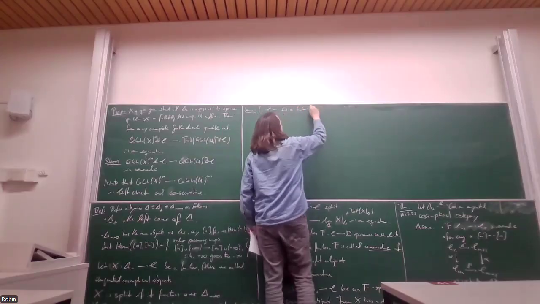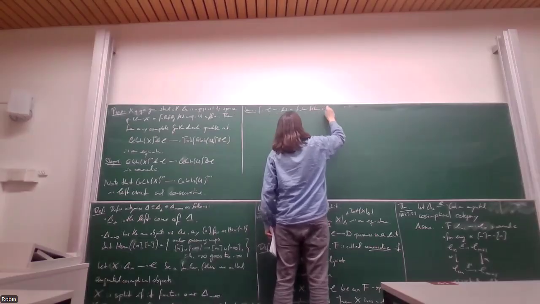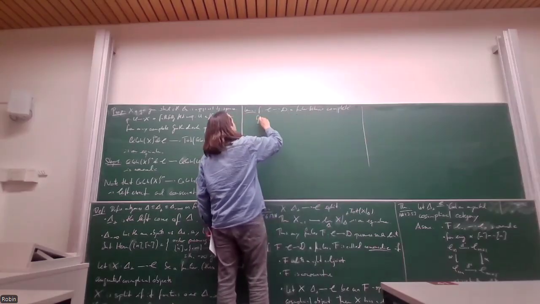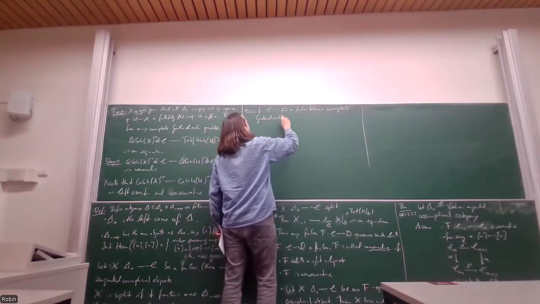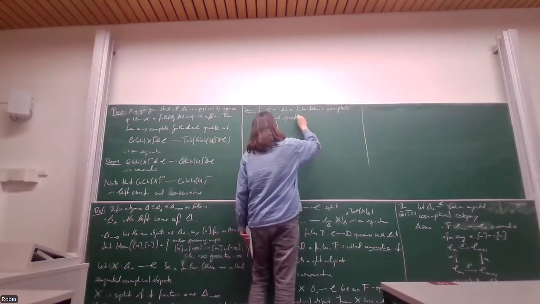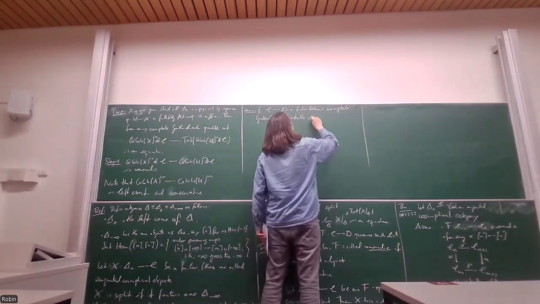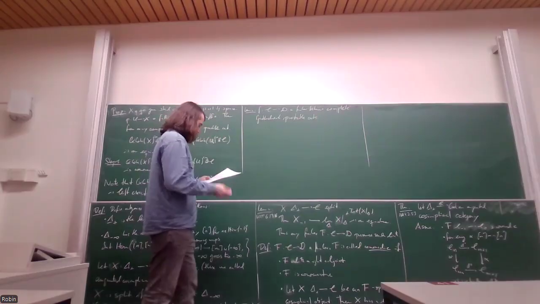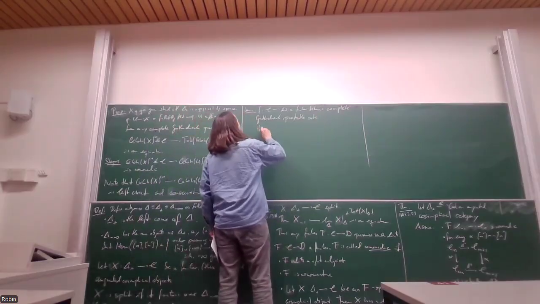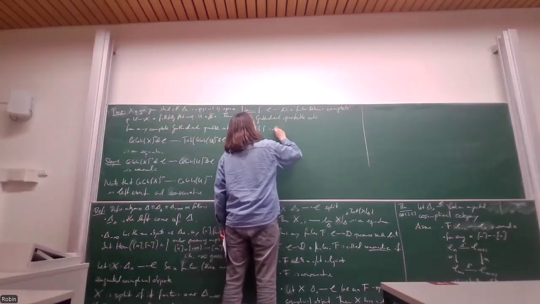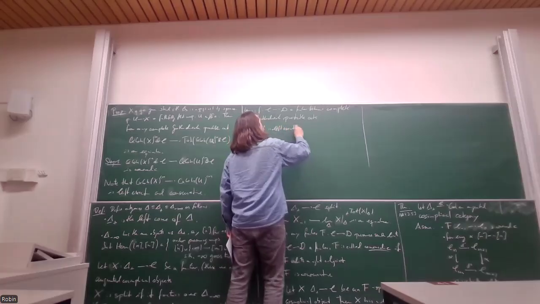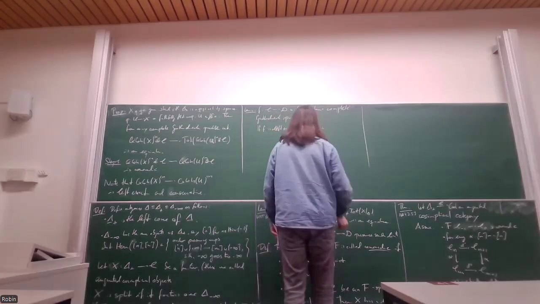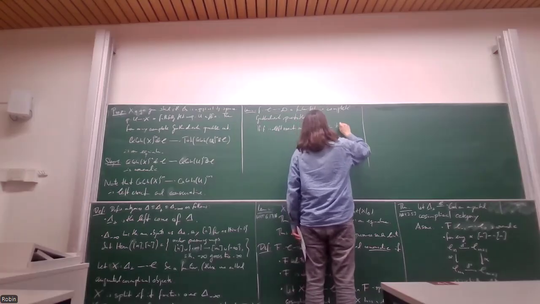So a functor between complete Grothendieck pre-stable categories, if F is left exact and conservative, then F is comonadic.